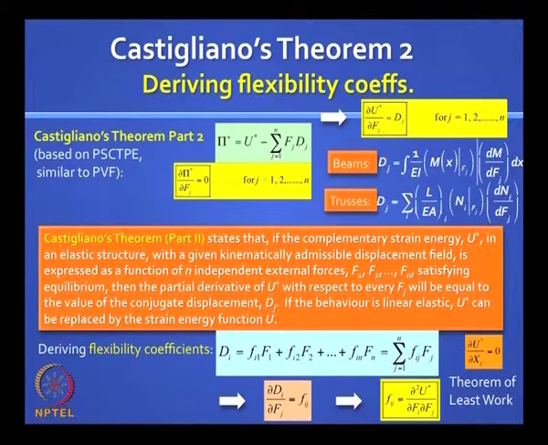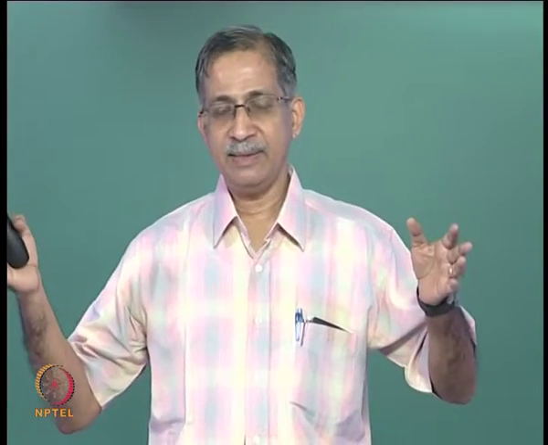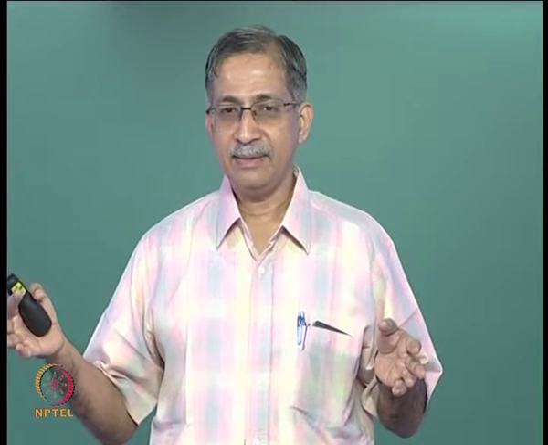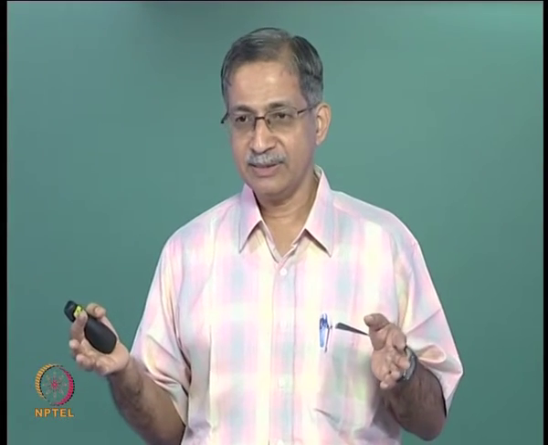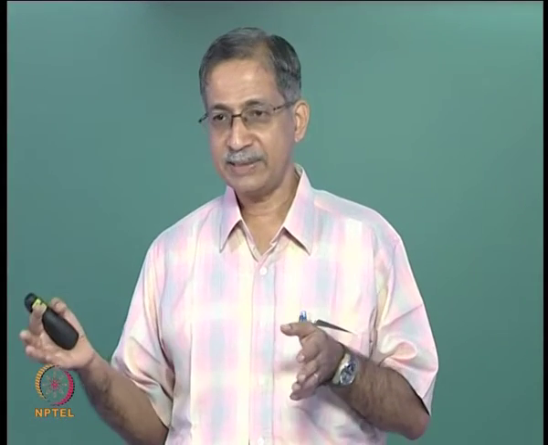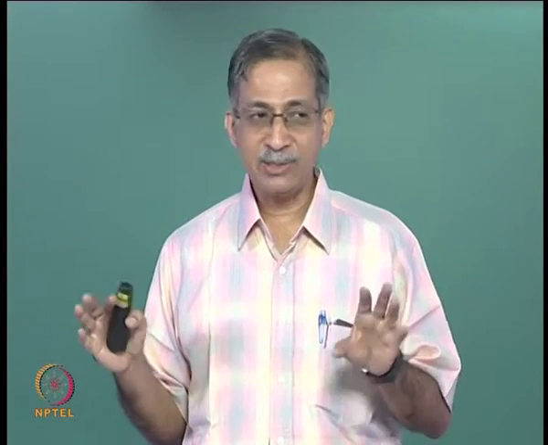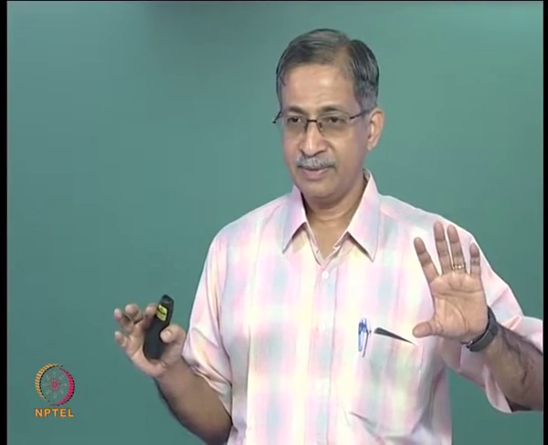Now there is a special application of this theorem, called the theorem of least work, to solve statically indeterminate structures. Let us say you have a continuous beam and you want to choose the redundant reactions as your redundants. So for x1 to xj, dou u star by dou xj actually denotes what?